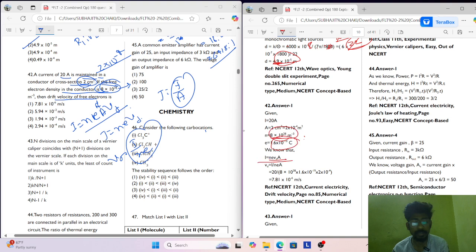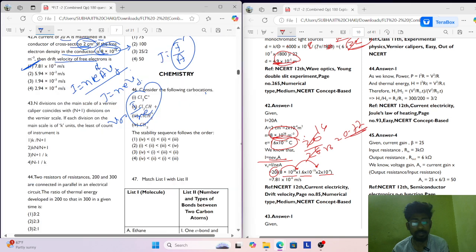Put all these values: I is equal to 20, N is this, E is this, A is this. Just put all the values. This is 13, 13 to the 26. 20 by 26, 10 by 13 means 0.7, around 0.77 or 7.7. Therefore, option number 1 will be our correct answer.